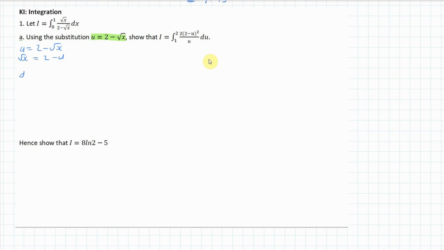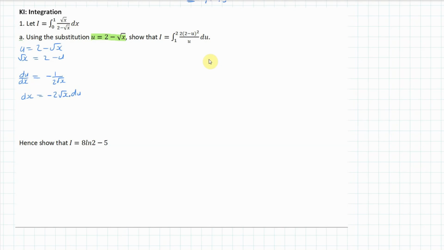I can also differentiate: du dx is equal to negative 1 over 2 square root x. And therefore dx is equal to, now I'm just going to rearrange this, negative 2 square root x du, like that.